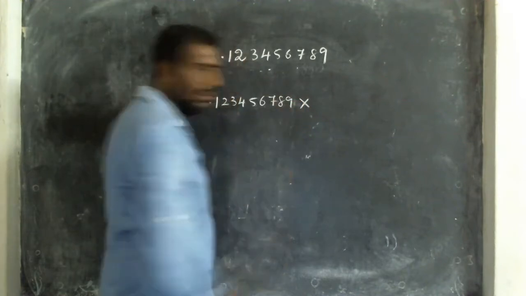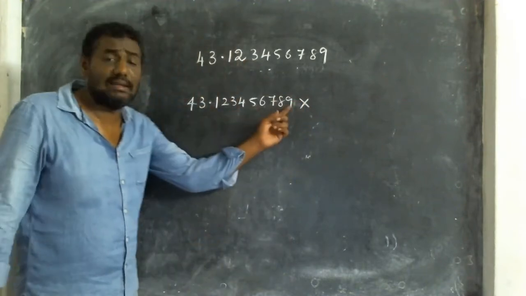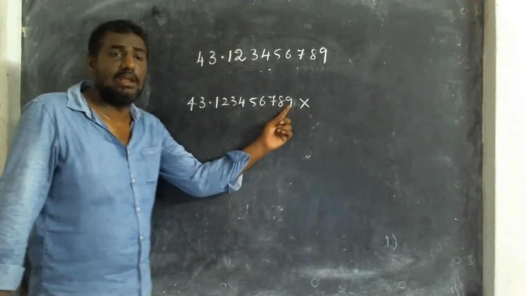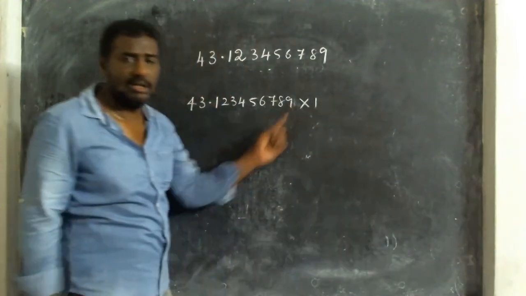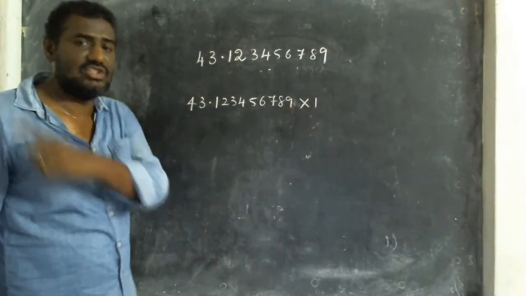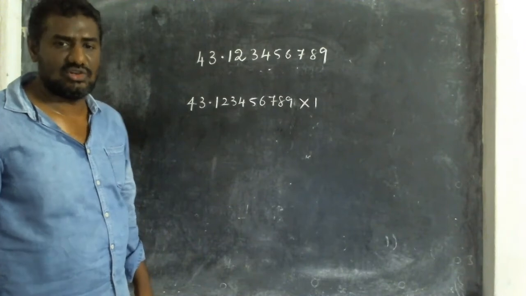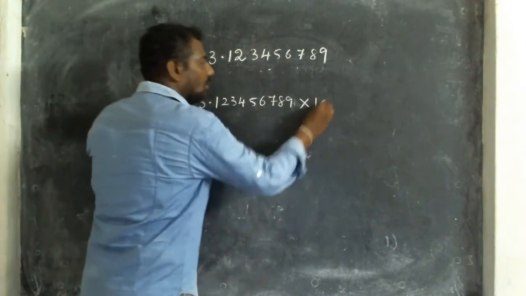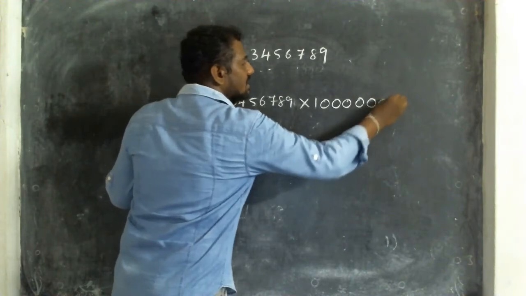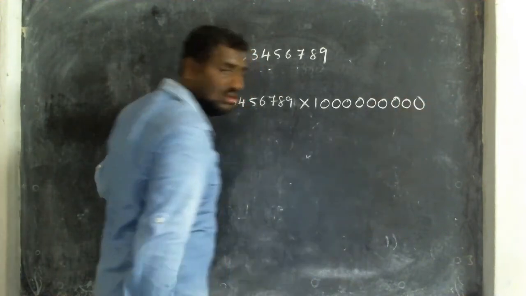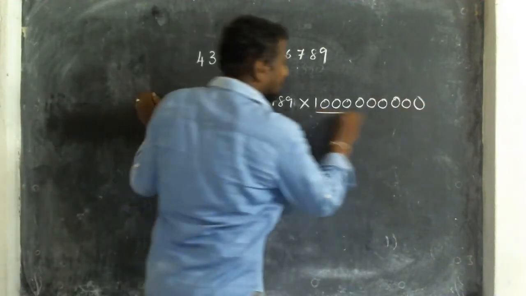43.123456789, after the decimal 9 numbers are there, so we have to multiply with 1 followed by 9 zeros: 1, 2, 3, 4, 5, 6, 7, 8, 9 zeros. Down also we write 9 zeros.